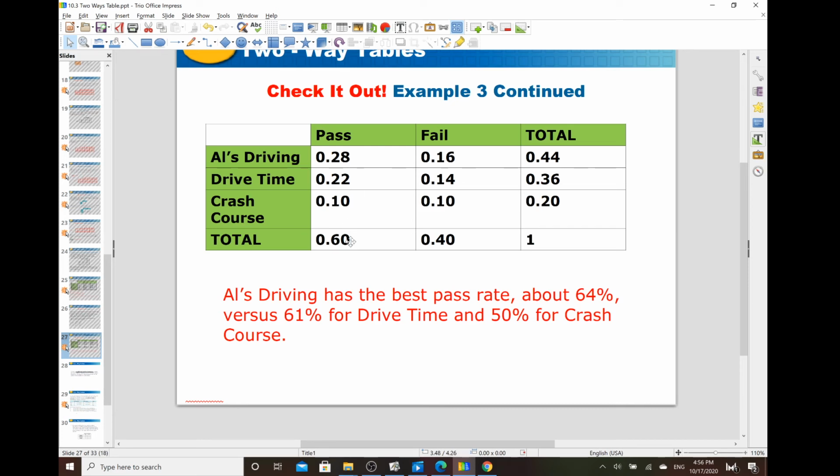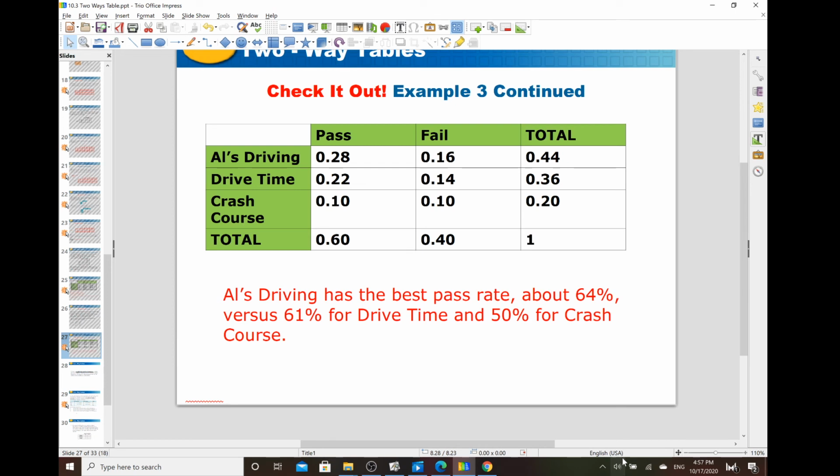So you get 64%. And then 0.22 divided by 0.6, you'll get 61%. And then for the Drive Time. And then the other one is for the crash course, which is what? 0.1 divided by 0.6. So that one, you'll get about what? Wait a minute, let's see. Crash time.